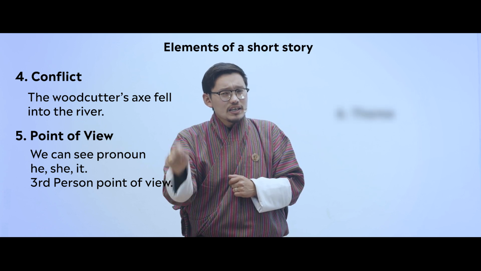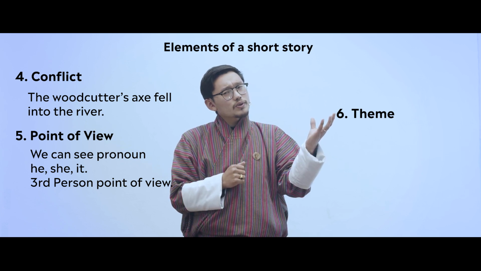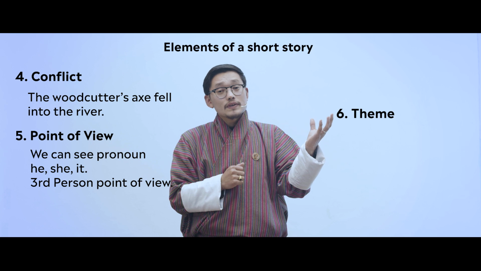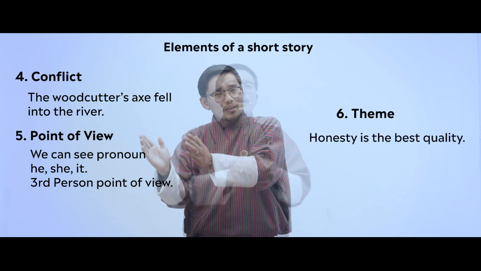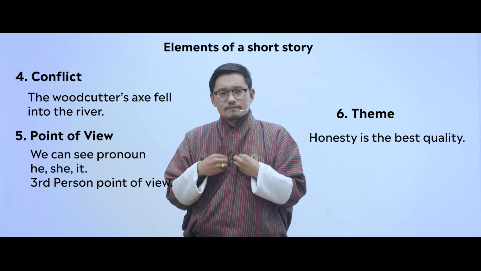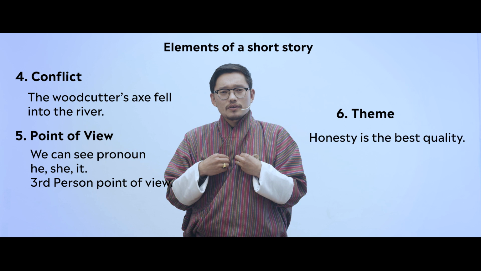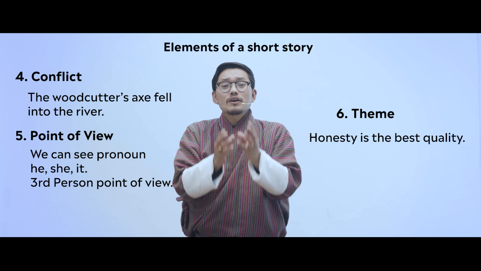What is the theme of this story? The poor woodcutter was honest. Therefore, you can say honesty is the best quality. So, these are some of the elements of short story.